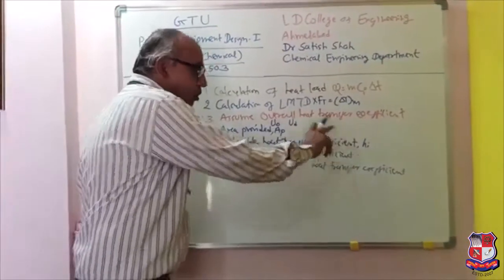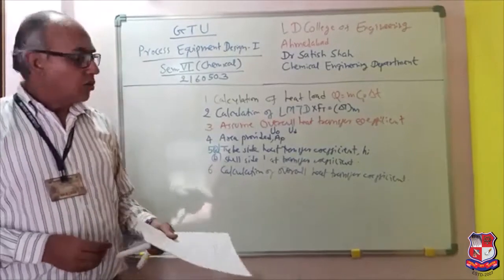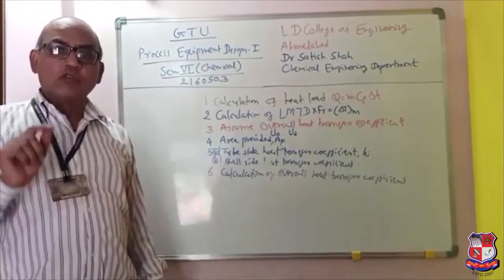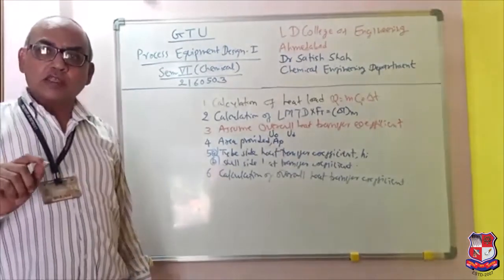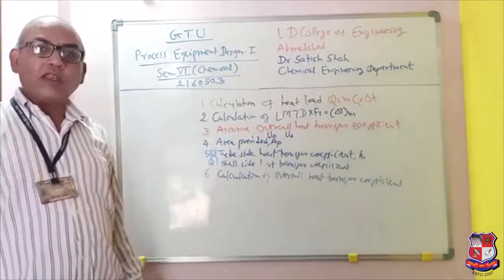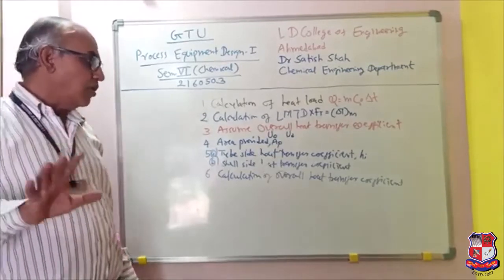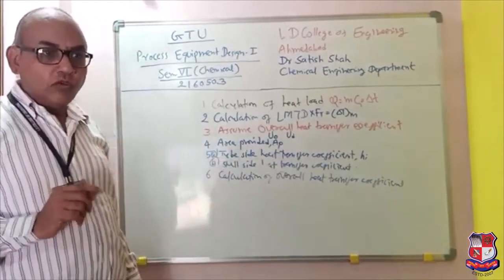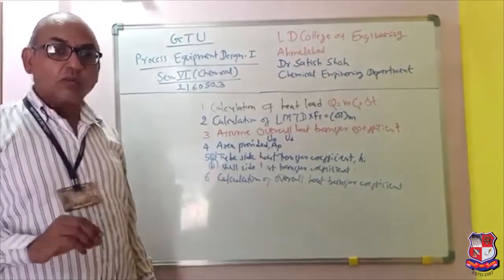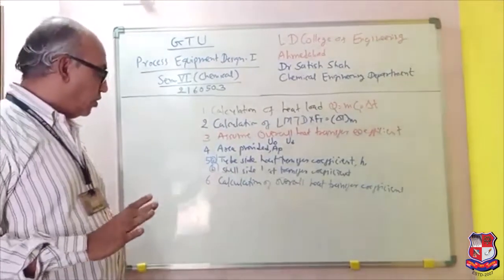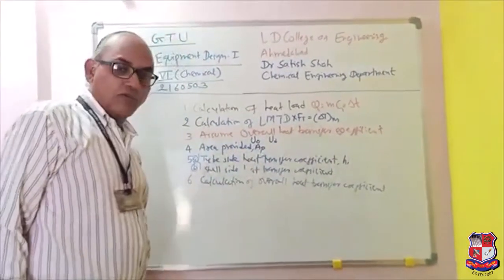Here I had assumed a value of the overall heat transfer coefficient; now I am calculating it, for which I have already given you the formula: 1 upon UO is equal to 1 upon HO plus 1 upon HOD plus 1 upon HI into DO by DI plus 1 upon HID into DO upon DI plus DO ln DO upon DI upon twice KW. For this you need the dirt coefficient inside, the dirt coefficient outside, the thermal conductivity of the tube metal, and DO and DI.